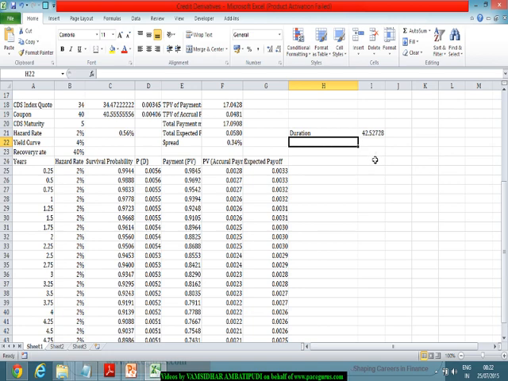and this I have to divide by the present value of the total.